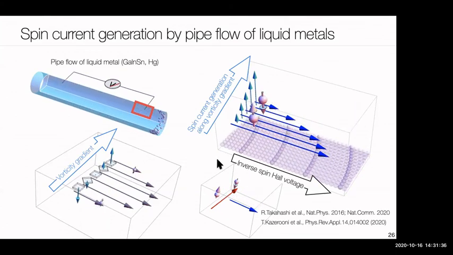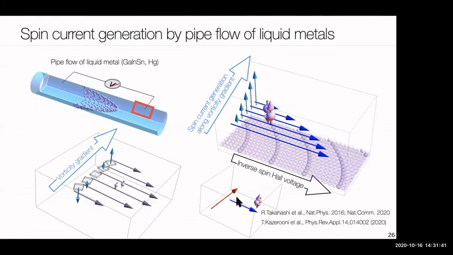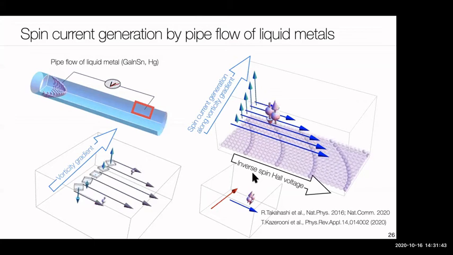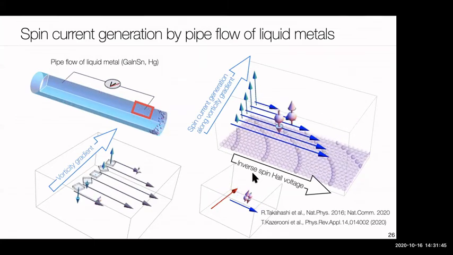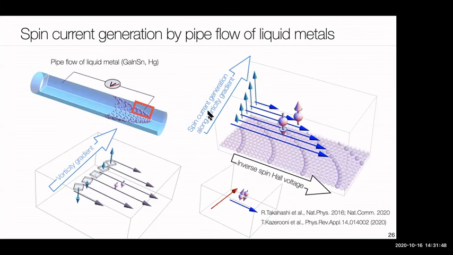Okay, so this is the typical electric detection technique for the spin current generation.